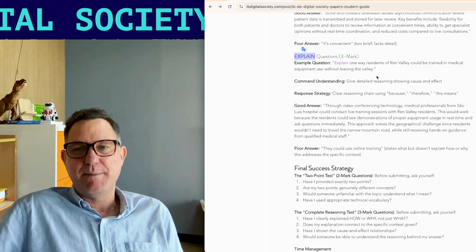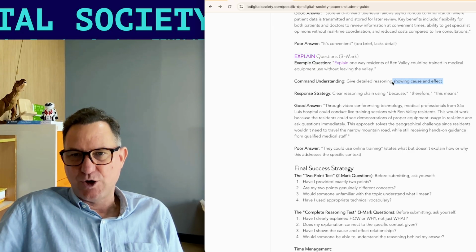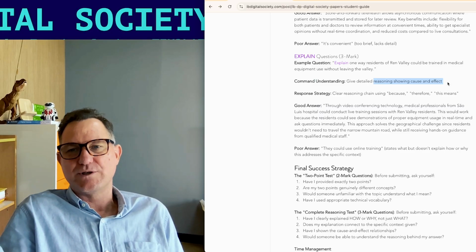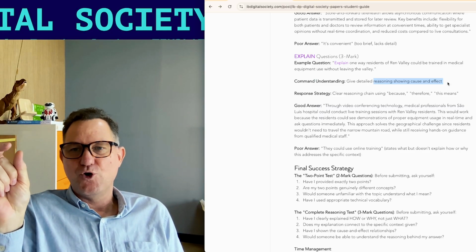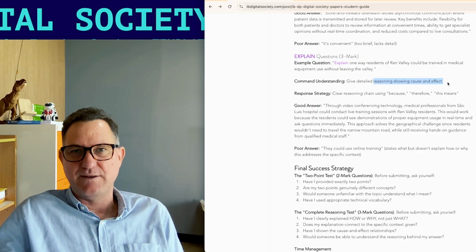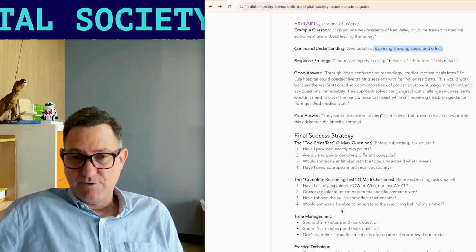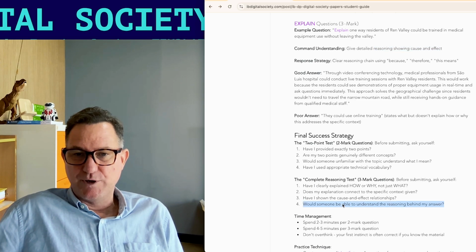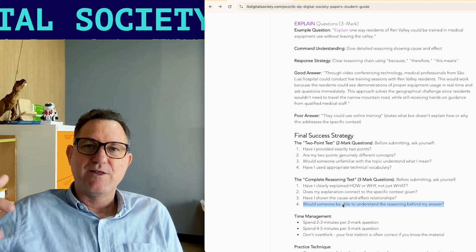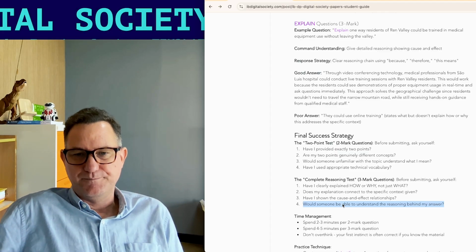The explain command term is looking for you to show detailed reasoning showing cause and effect. So use words like because, therefore, this means. There's a cause and then there's an effect. And that actually covers the next point as well, point 4. You're giving the cause and effect, but you're also showing the reasoning for it.